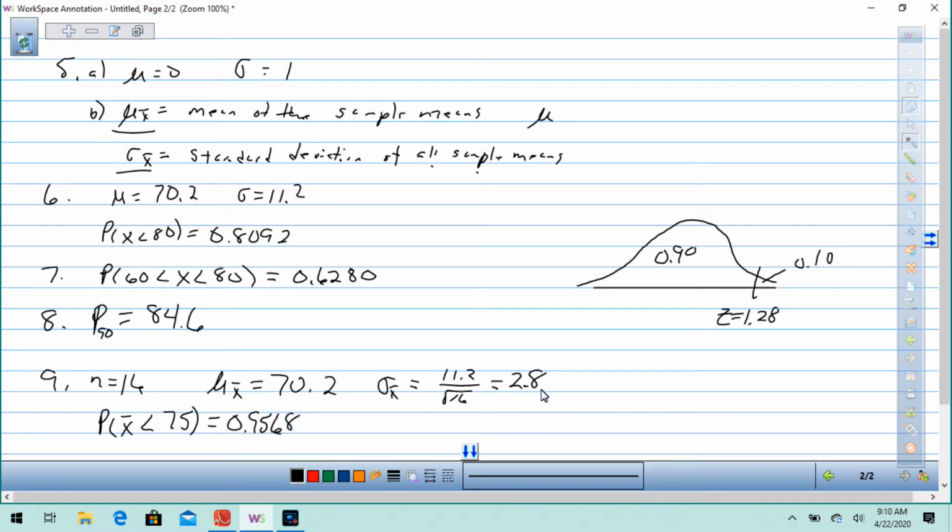Number 10, the accompanying normal quartile plot was constructed from the diastolic blood pressure levels of a sample of women. What does this graph suggest about the diastolic blood pressure levels of women?